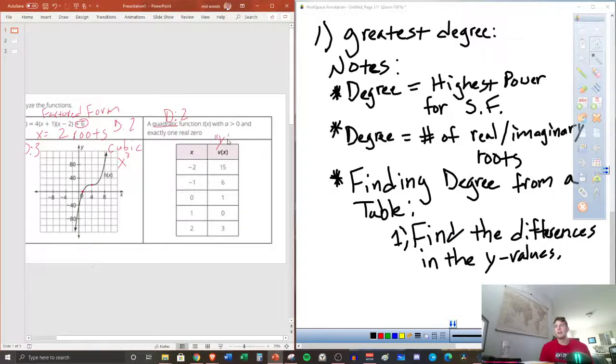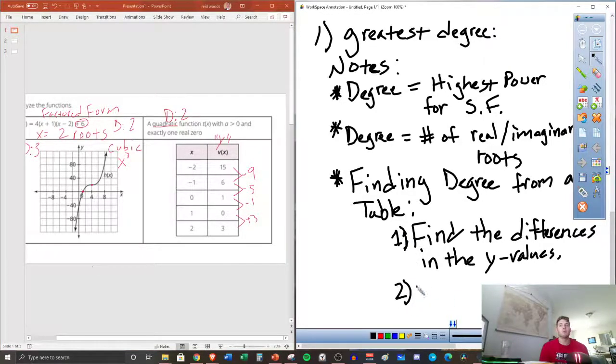This is y, right? The xy table. So what is the difference as I go from 15 to 6? Well, I'm subtracting how much? That'd be 9. What's the difference as I go from 6 to 1? That's minus 5. From 1 to 0 is minus 1. And then from 0 to 3 is plus 3. So we're going to put those signs. So that is one row of differences. So we did that step 1.